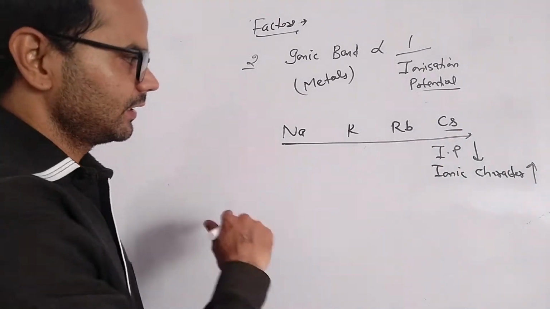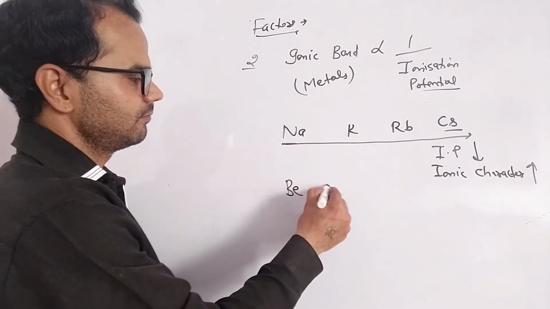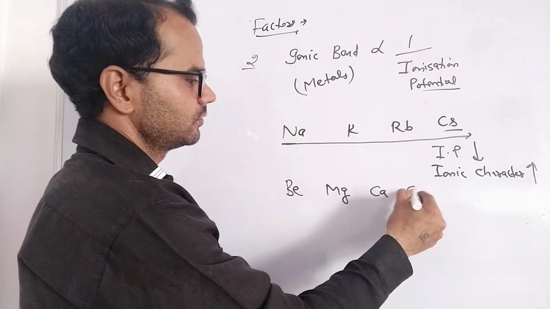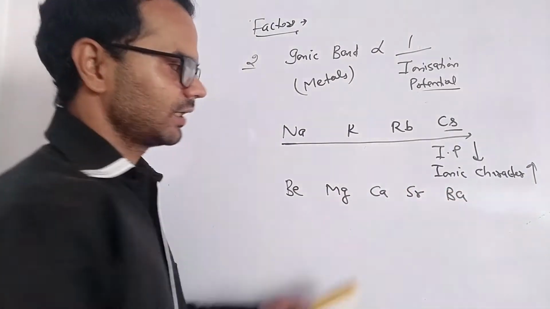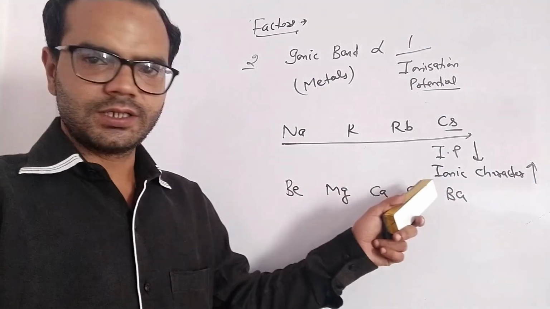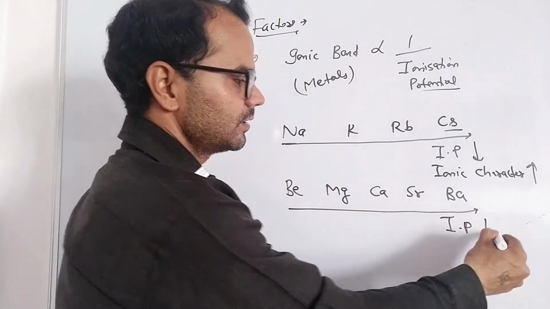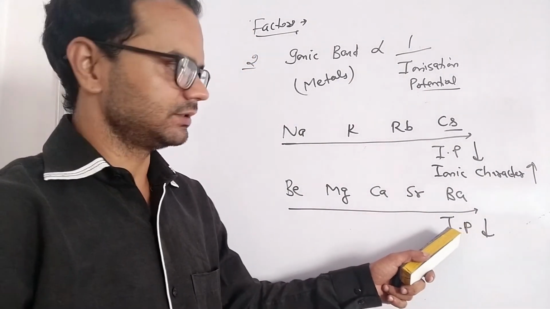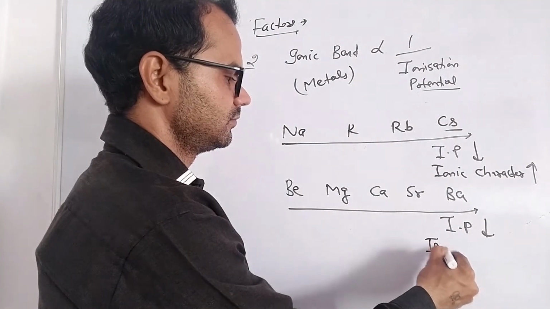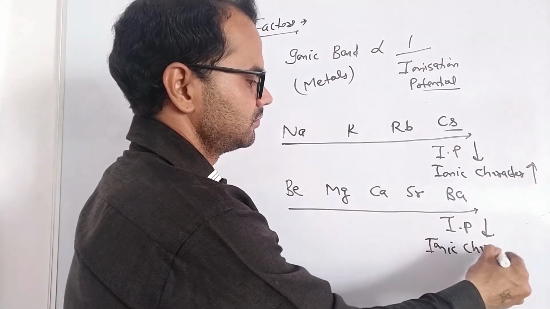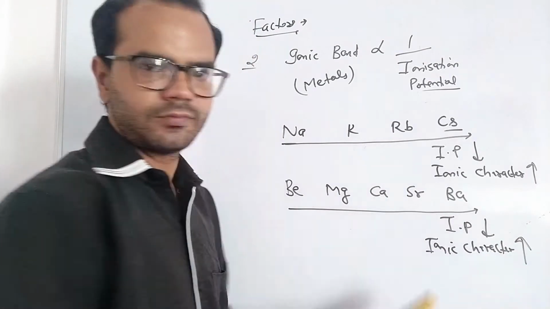Clear? We can take another group: beryllium, magnesium, calcium, strontium, barium. Again, these are members of the same group, and down the group, ionization potential decreases. So ionic character increases.